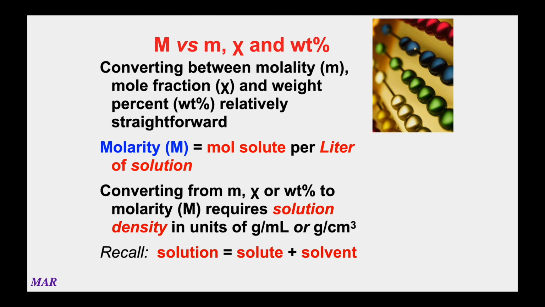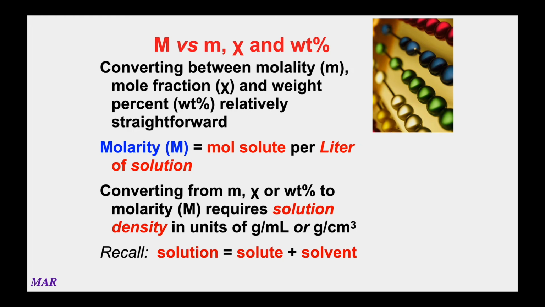So we would be remiss in this kind of discussion if we didn't talk about ways to go from molality, mole fraction, and/or weight percent to molarity and back and forth. And you can absolutely do this, but you have to remember that molarity is moles of solute per liter of solution. Liter is a volume, and all the other ones have grams, kilograms, moles.